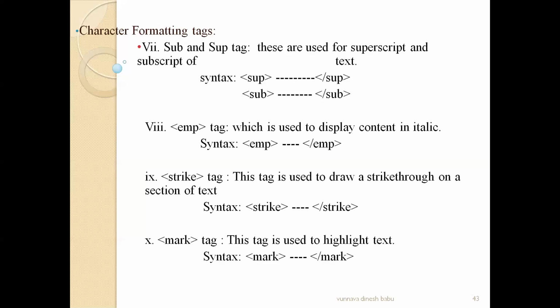And then the mark tag. This tag is used to highlight some text. So if you want to highlight some text, we can use this mark tag also. I will show all these things, that is the superscript, subscript, emp tag, strike tag, and mark tag, in example 2.